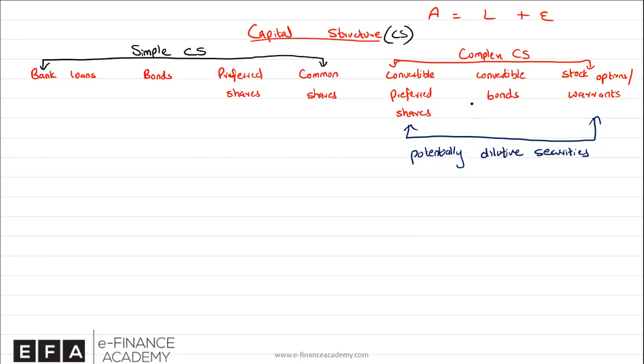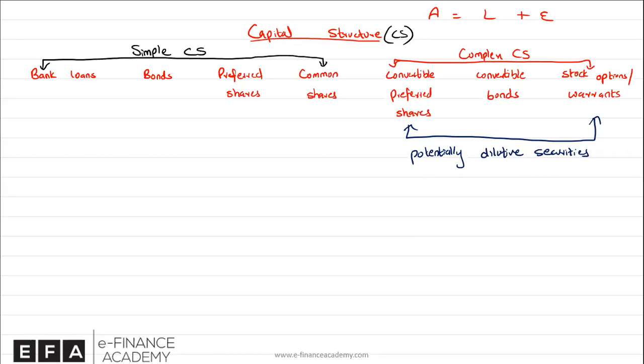If the conversion would bring the basic earnings per share down, then this is referred to as a dilutive security. So they might be dilutive, they might not be dilutive. That's why we call them potentially dilutive securities, meaning they may bring the EPS down if their nature or form changes, or they may be anti-dilutive, meaning they might increase the EPS.